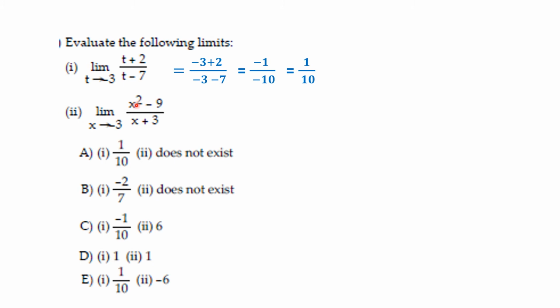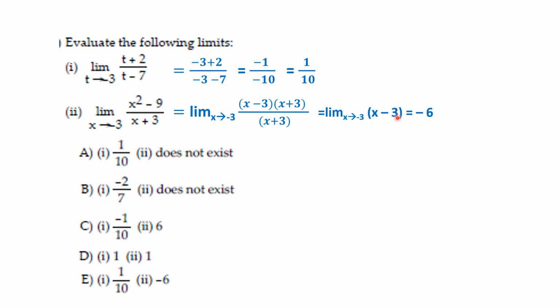As for the second one, first of all, we have to rewrite the numerator. And we can do it as follows. Limit as x approaches negative 3 of x minus 3 multiplied by x plus 3. But then this is divided by x plus 3, so x plus 3 cancels x plus 3, and the limit will be the limit as x approaches negative 3 of x minus 3.